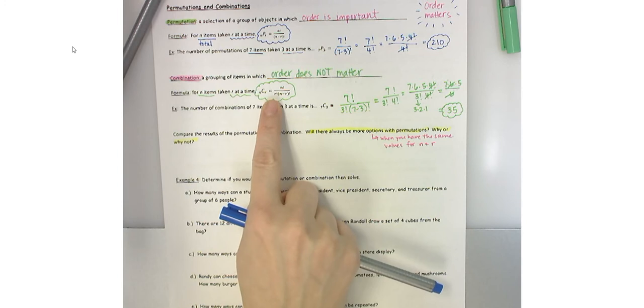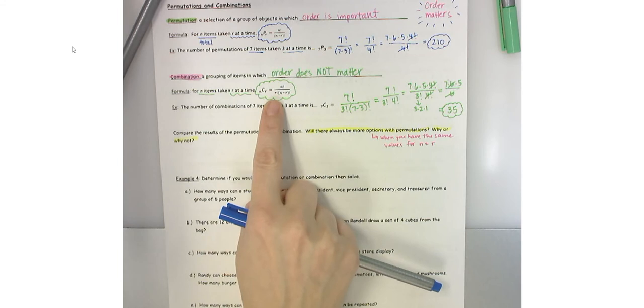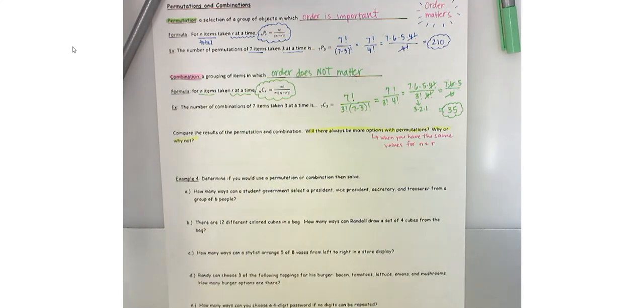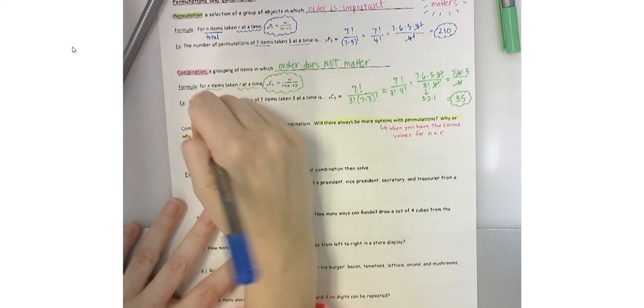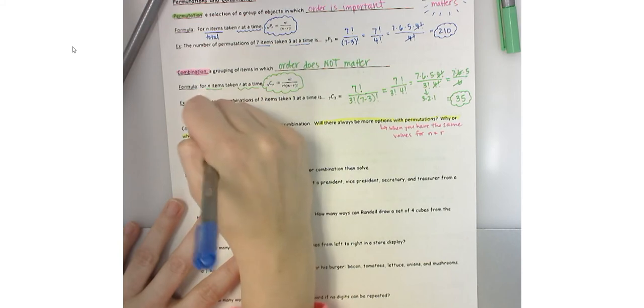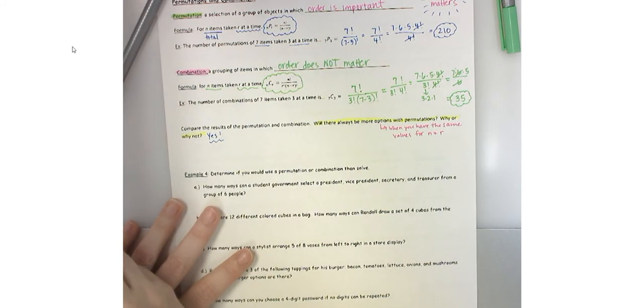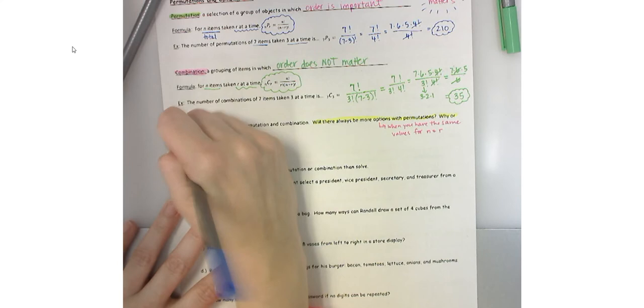From a standpoint of the equation, when you divide, since the combination is always going to be divided by R factorial, it will make a smaller value.